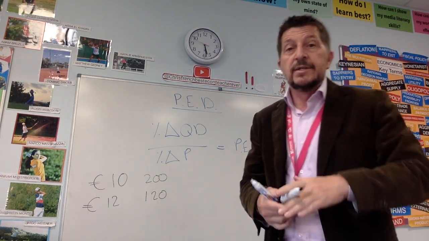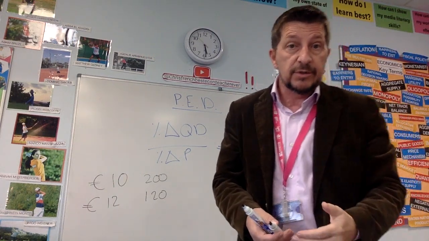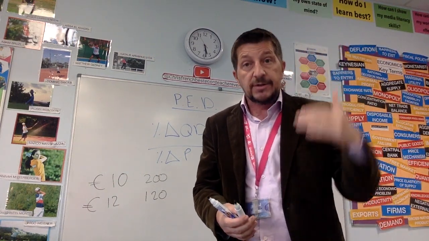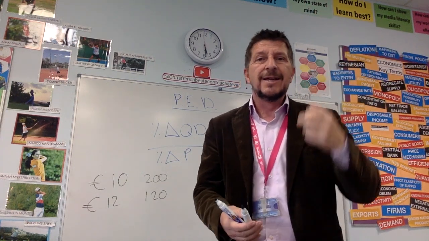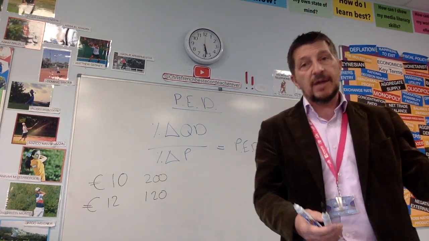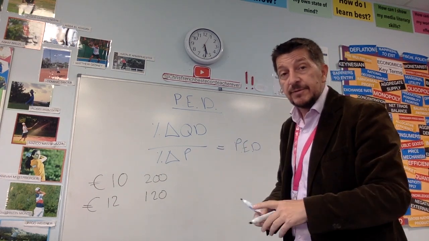What that means is that the price of that product has gone up from 10 to 12, and that extra €2 has dissuaded 80 people from buying that product. Okay, now let's do the maths.